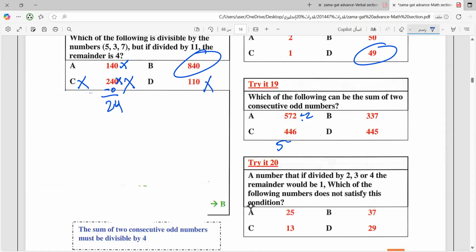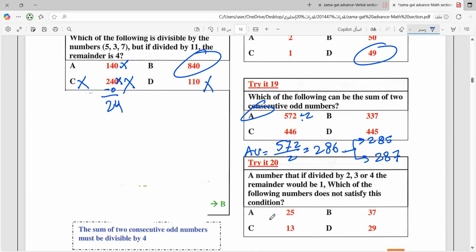So 572 divided by 2 equals 286. This is the average. We find the average. So it will be 285, and the next number, because it said consecutive odd numbers, is 287. So the answer is A.